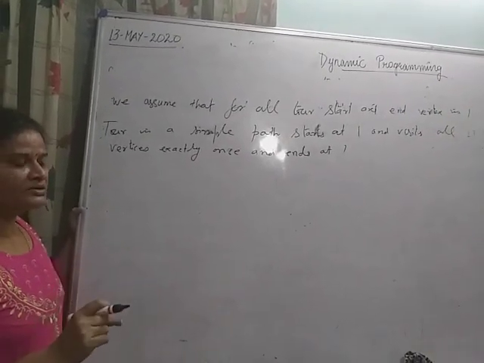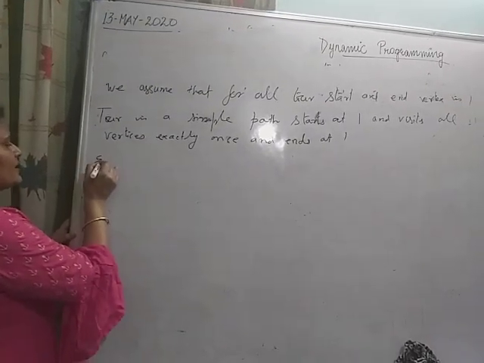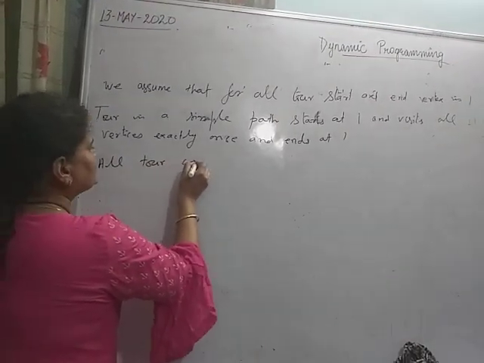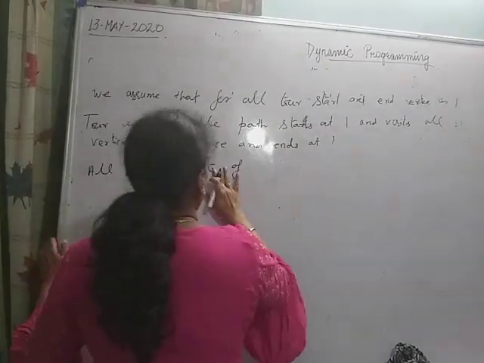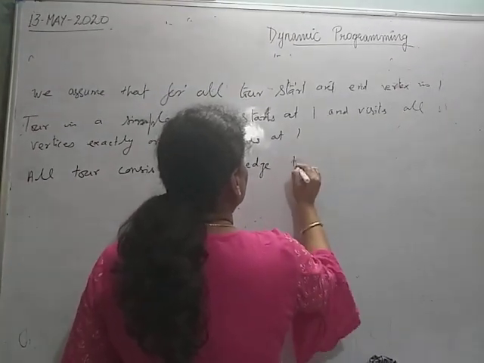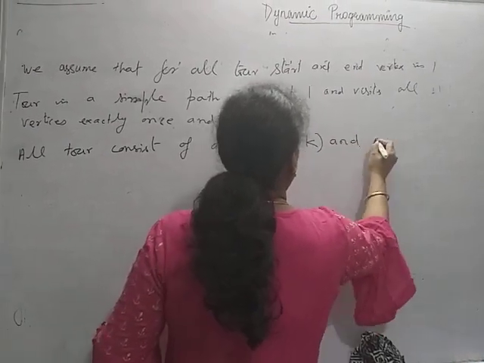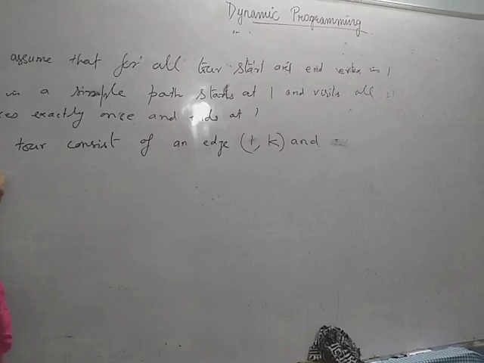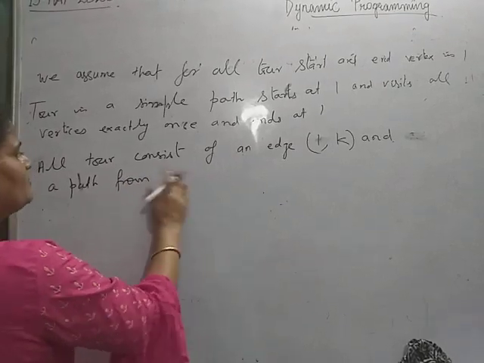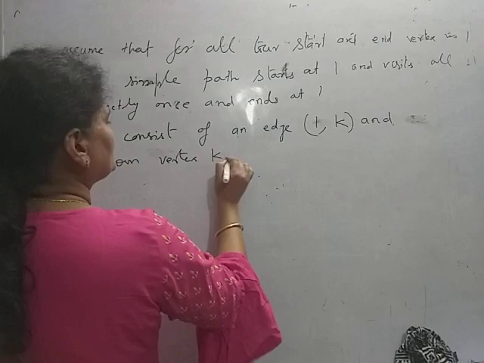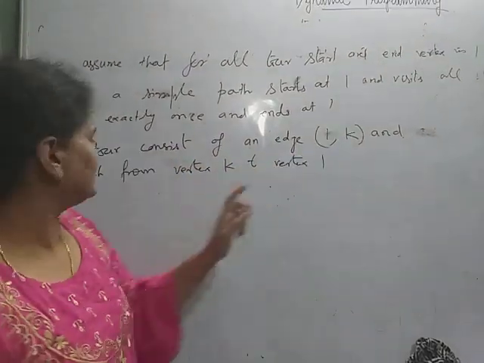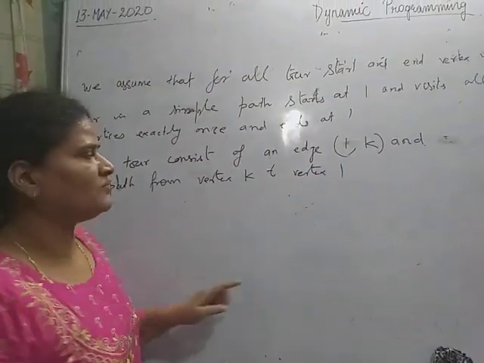All tours consist of an edge 1k and a path from vertex k to vertex 1.